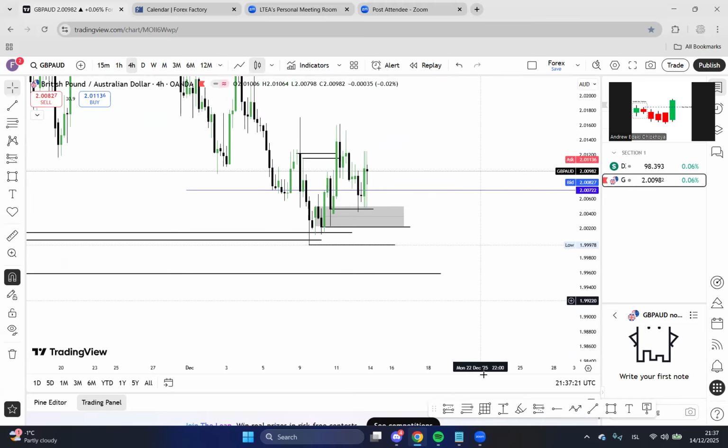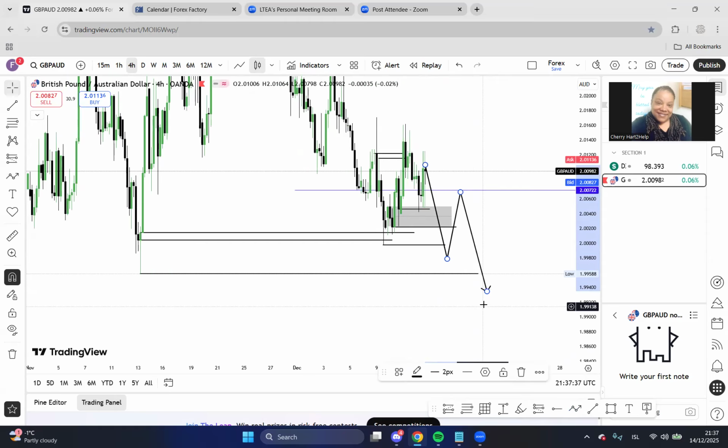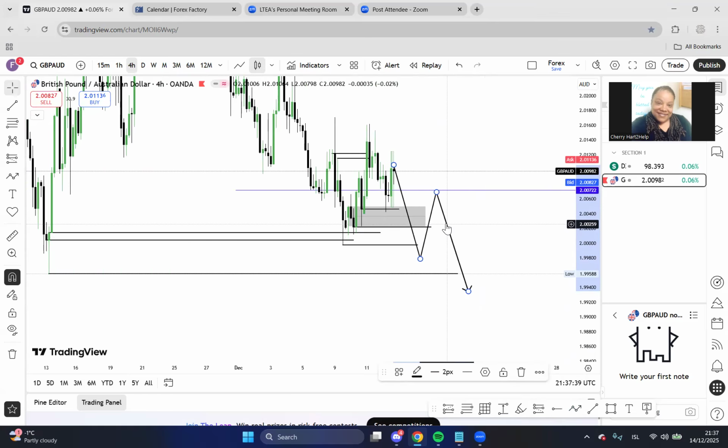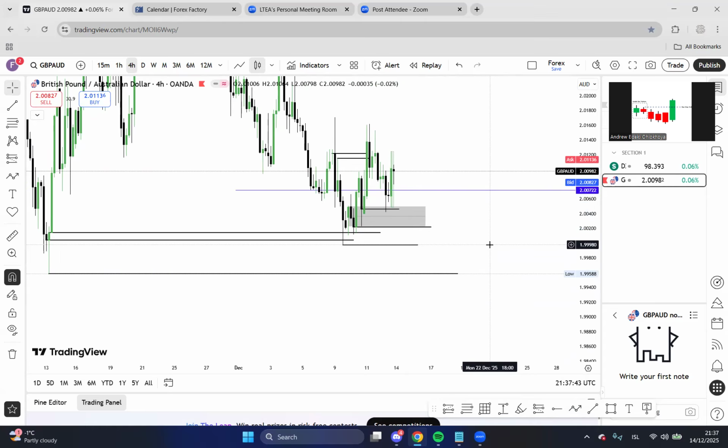So for you to sell, all you need to do is wait for price to return. I don't know which level it may be, but you wait for price to return back to the level that broke this structure. So you can target from that level to this low right here. So it needs to actually break the structure, then look for it to come back to that level. Yes.